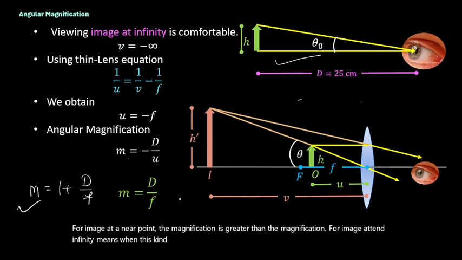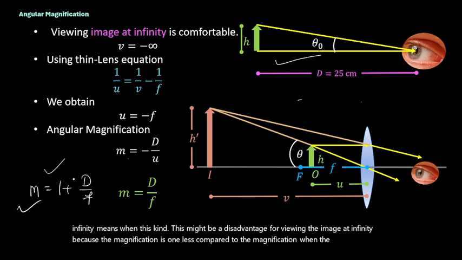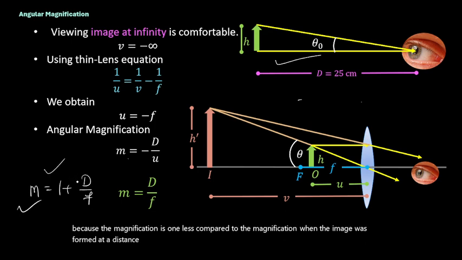This might be a disadvantage for viewing the image at infinity because the magnification is 1 less compared to the magnification when the image was formed at a distance of near point. However, the advantage of the image at infinity is that our eyes are considerably relaxed and comfortable in viewing these images.